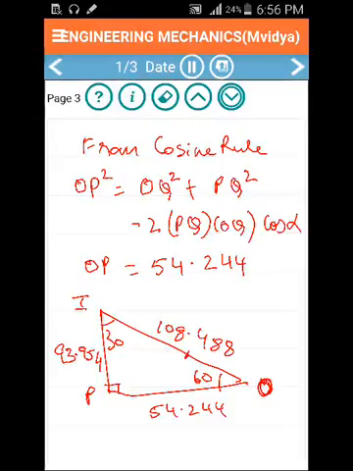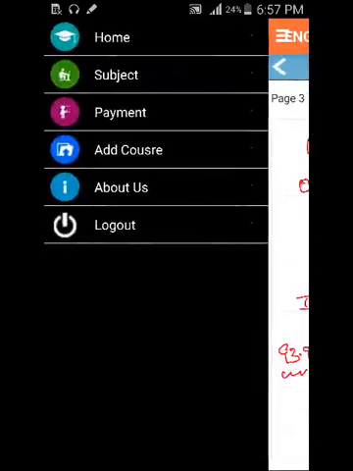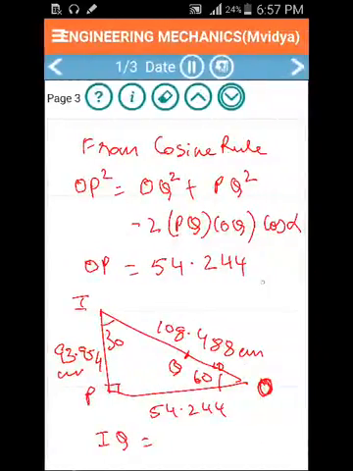My point Q is over here, which is 10 less than that. So my IQ is 108.488 minus 10 centimeters. So this is all in centimeters. So IQ works out to 98.488.